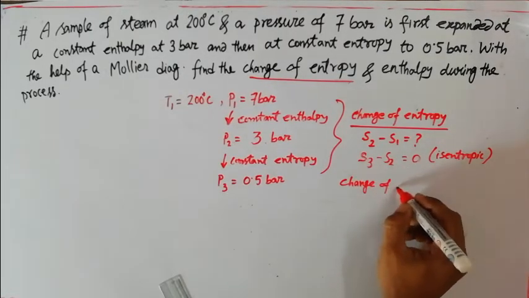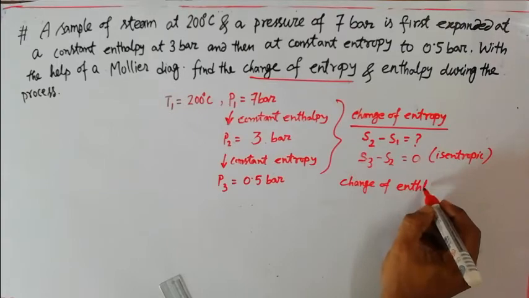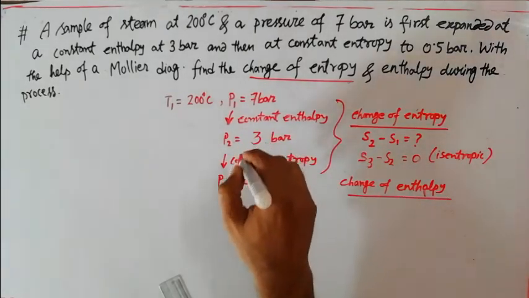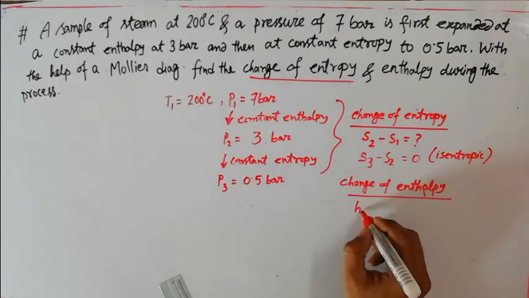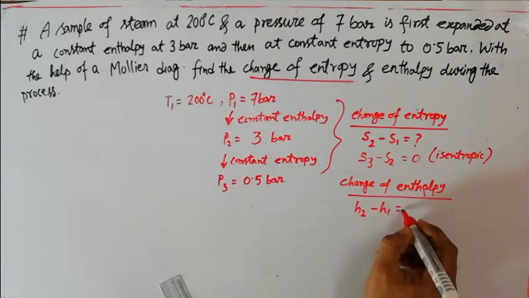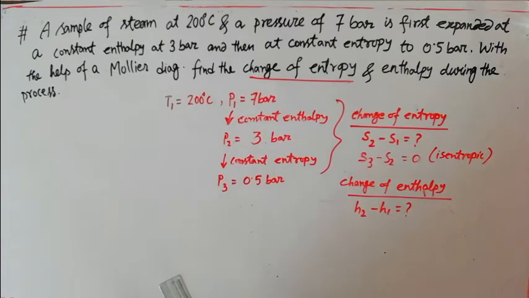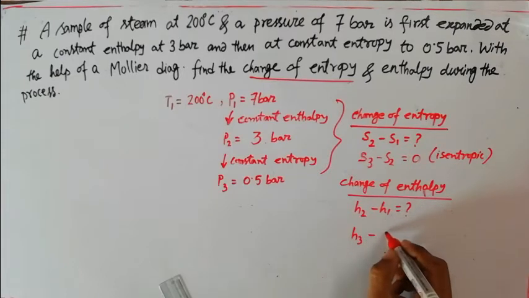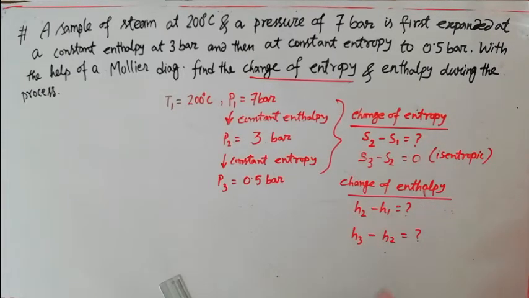And the change of enthalpy you also have to find out. Change of enthalpy means the enthalpy change H2 minus H1, that you have to find out, as well as H3 minus H2. Or, if you take from the start of the procedure to the end, you can find H3 minus H1.